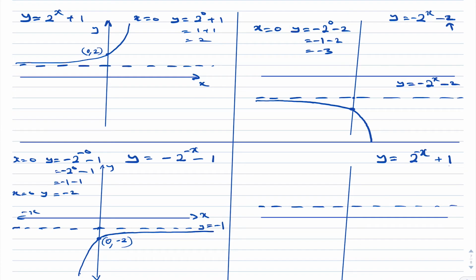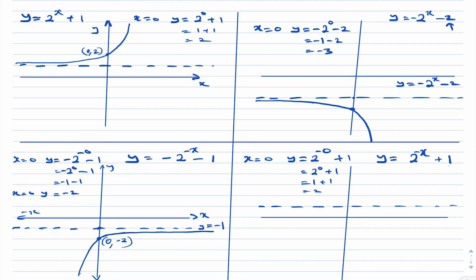So when x is 0, y will be 2 to the power of minus 0 plus 1, which is 2 to the power of 0 plus 1, because 0 times minus 1 is 0. So then 2 to the power of 0 is 1, plus 1, that becomes 2.